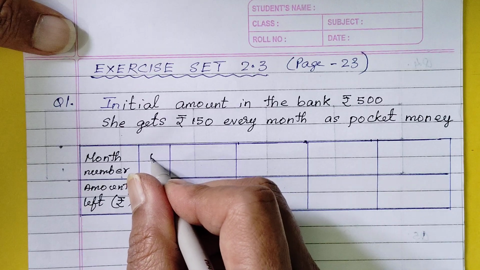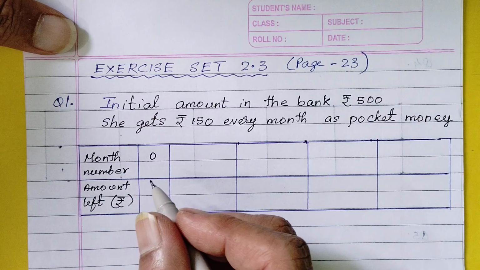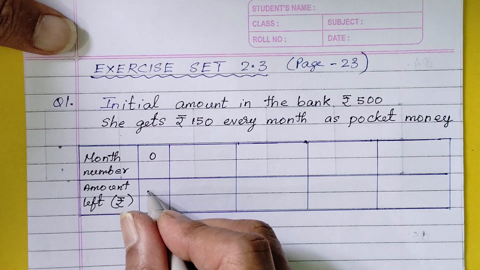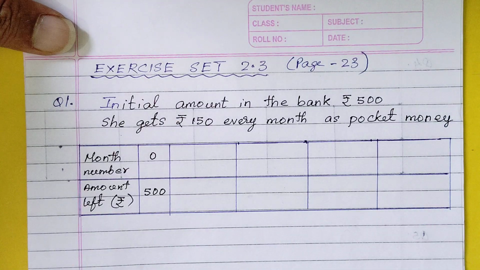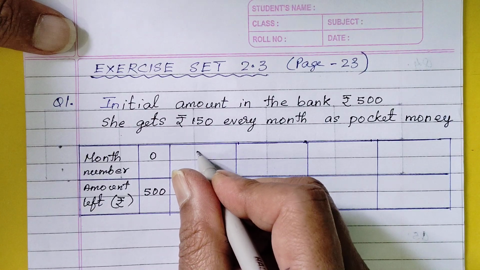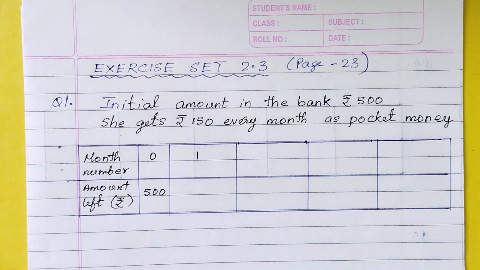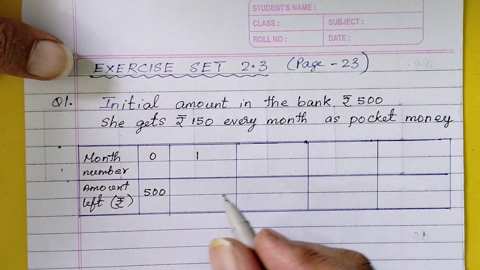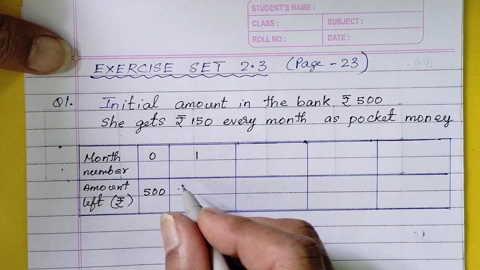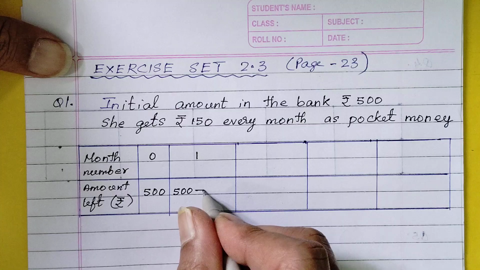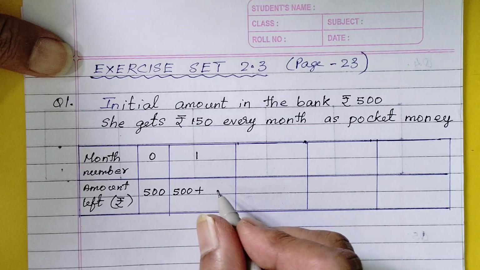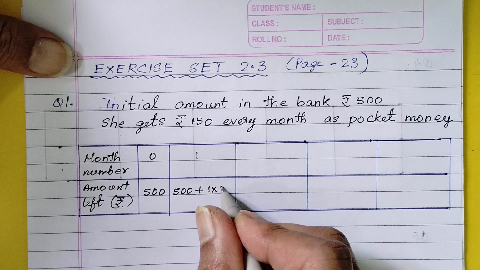So in the 0 month, the balance is rupees 500. At the end of the first month, what will be the balance? The balance will be 500 plus 1 into 150.